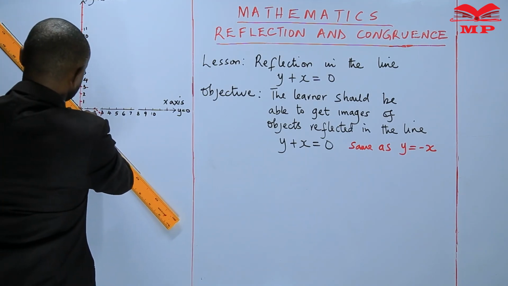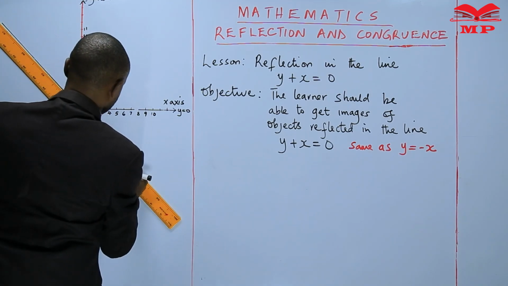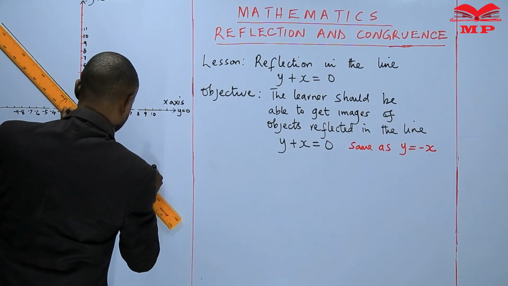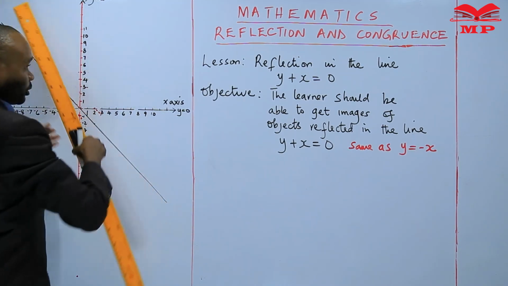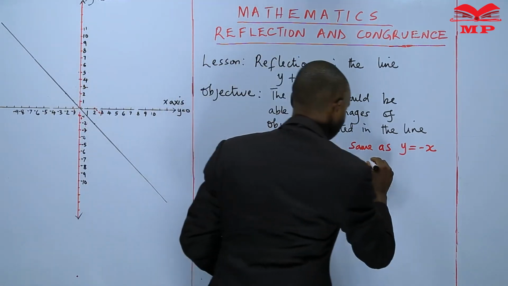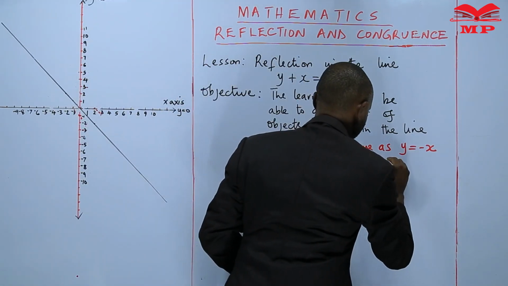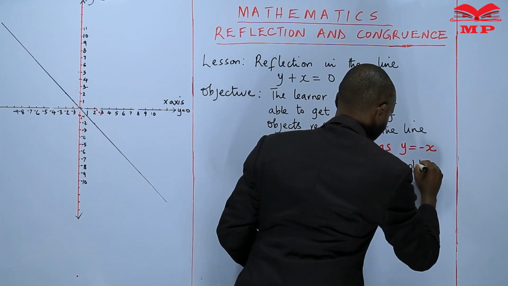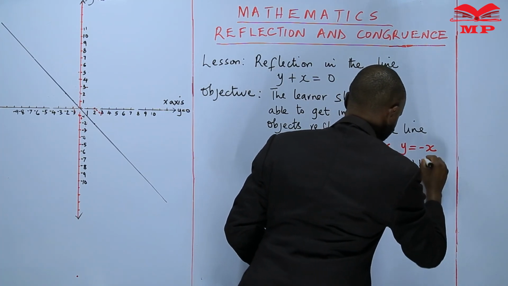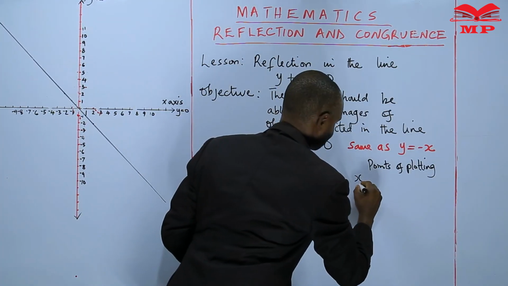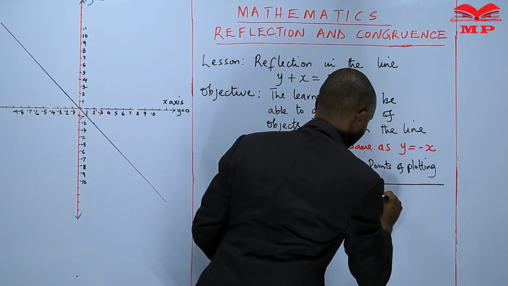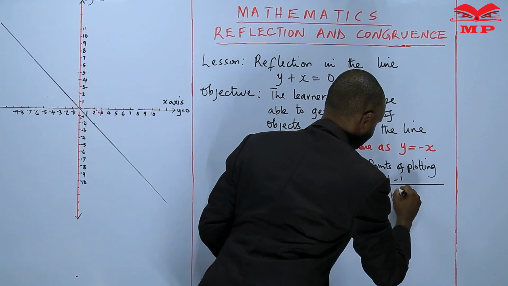It's good, learner, to put down the points of plotting the line. You'll have x, y. We had 0, 0. Negative 1, 1.